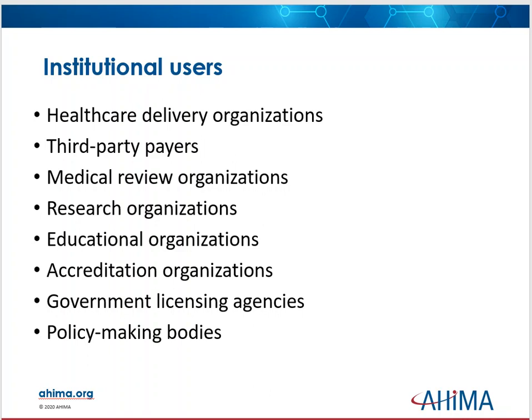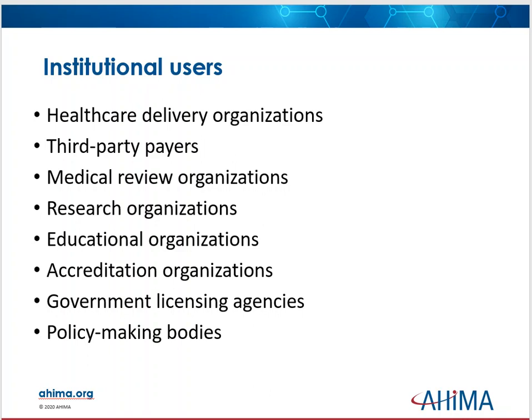Now, institutional users are those that are for a healthcare delivery organization, your insurance, aka third-party payers. You've got medical review organizations to make sure that you're giving the correct care.